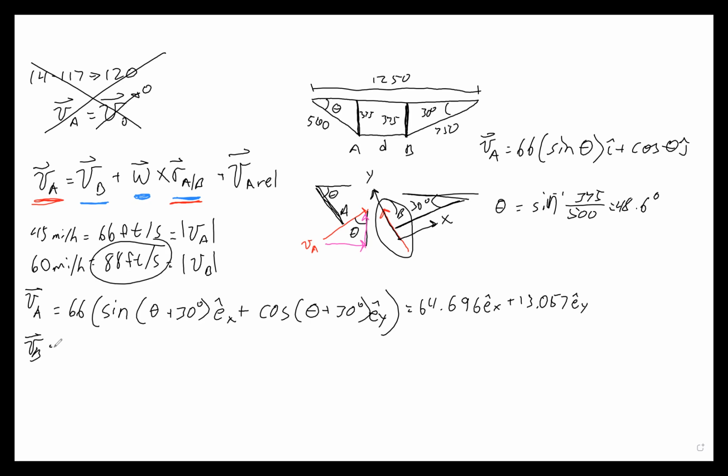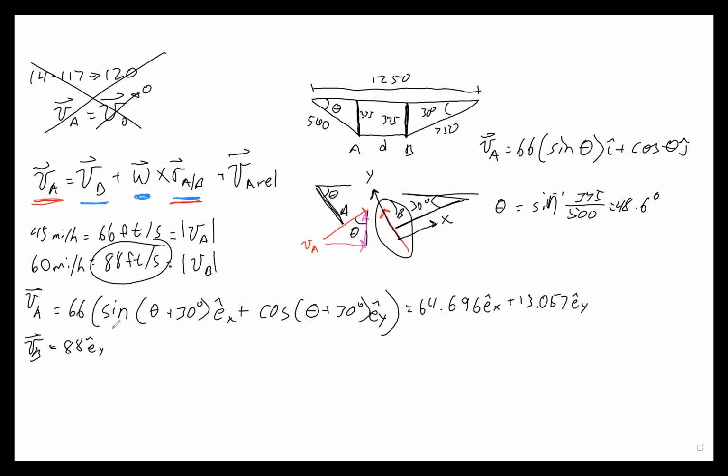So therefore, this is a much easier calculation. 88, and this will be just e hat y. That's it. Okay, and this goes to show that since we can draw velocity B in the e hat y, e hat x directions, that's why we need velocity A to also have those directions. We can't add i hat and j hat values to e hat x and e hat y values.